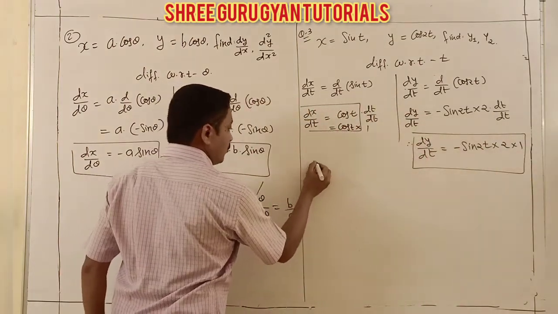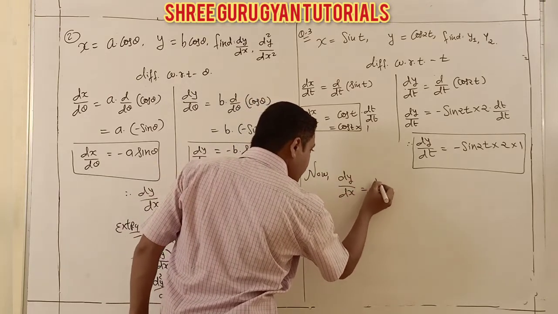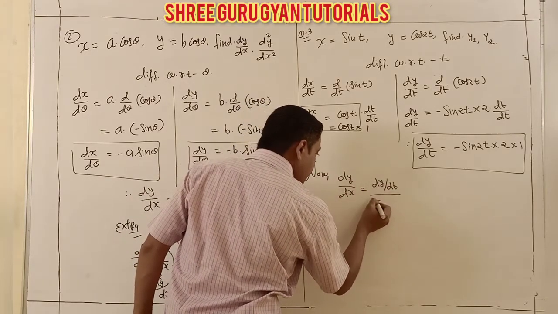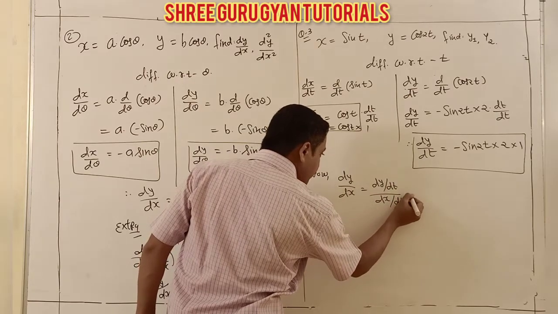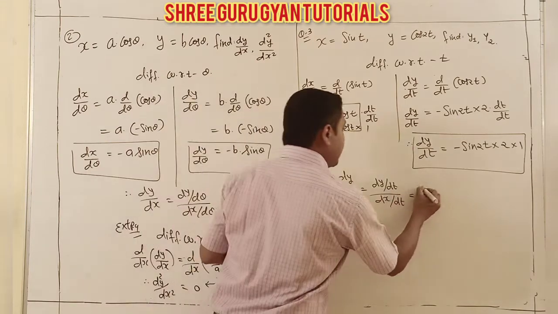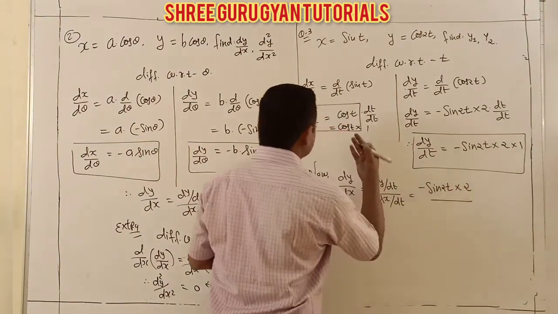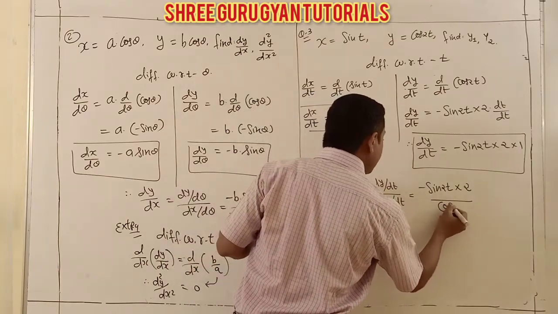Now, finally, dy by dx is ready. It is dy by dt upon dx by dt. Applying the values, dy by dt is minus sin 2t into 2 and dx by dt is cos t.